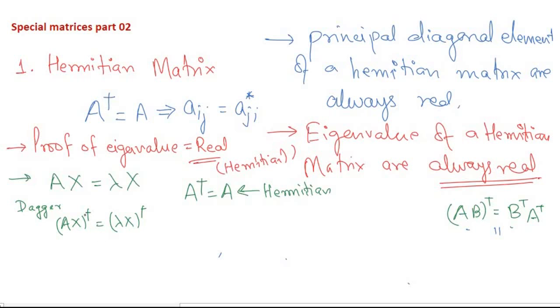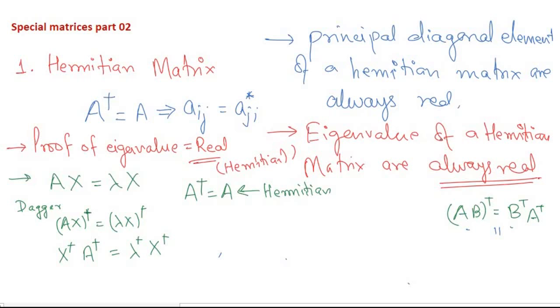In the same way, for the dagger operation, it will be x dagger A dagger is equal to lambda dagger x dagger. Here I have not flipped the order because lambda is not a matrix, it is a complex number. I don't know whether it is complex or real, I have to prove it. So I'm saying that lambda is a complex number in general.